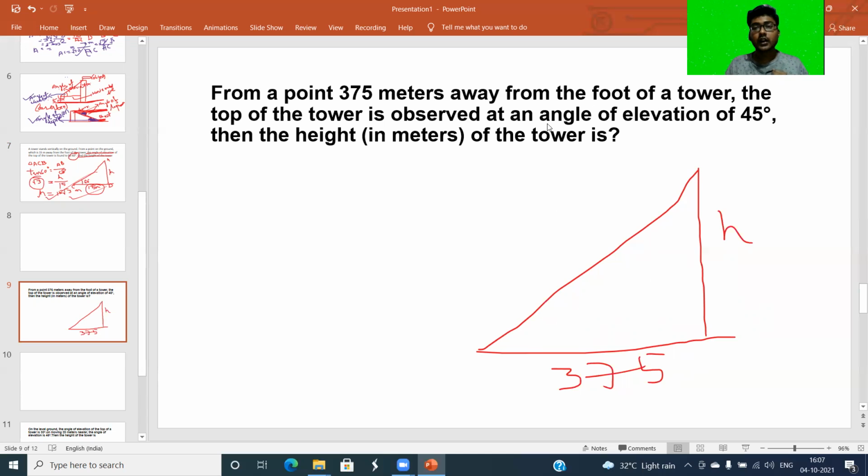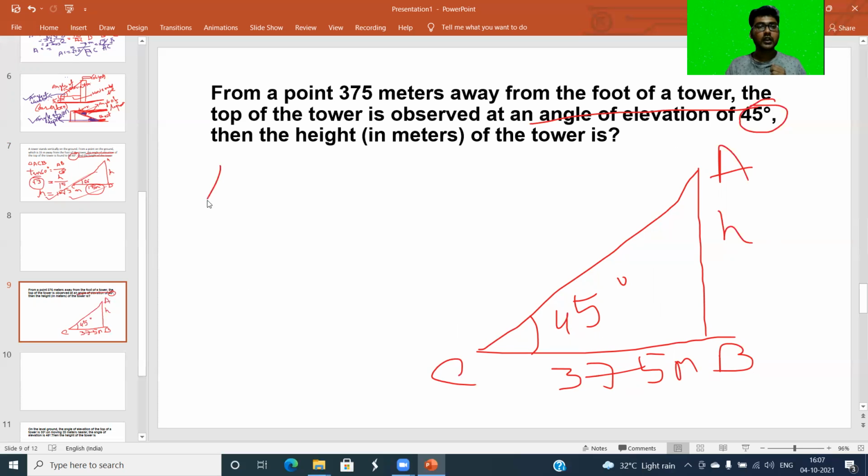Angle of elevation means the point is above. If there is a horizontal line and the point is above, then it is angle of elevation. What is the value of the angle? 45 degree. Okay, let it be ABC. 375 meter given.